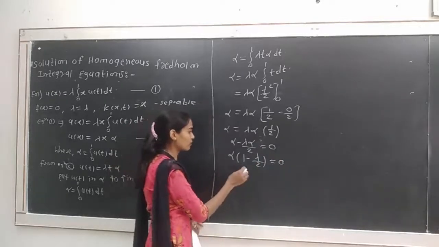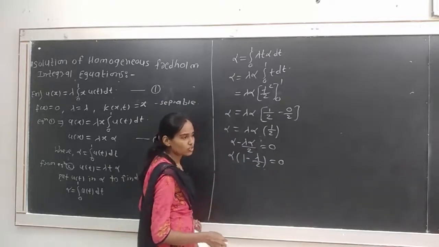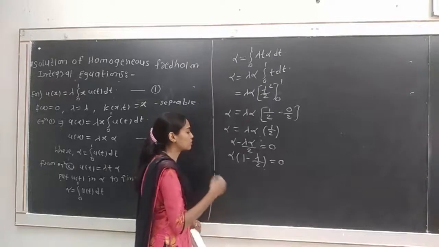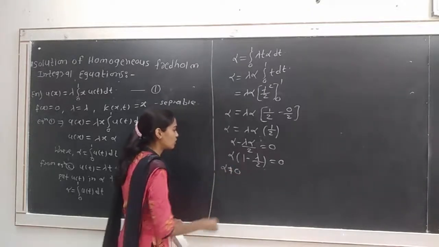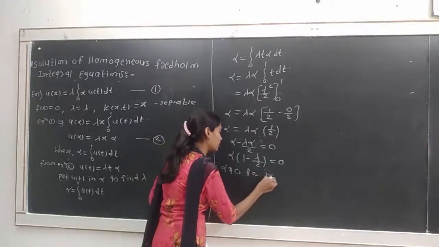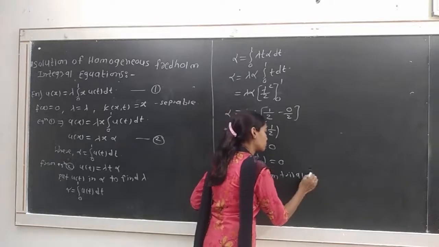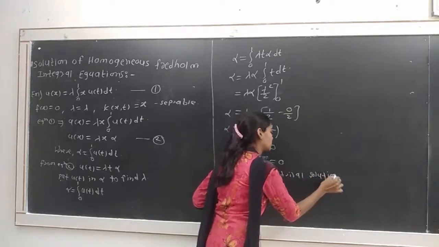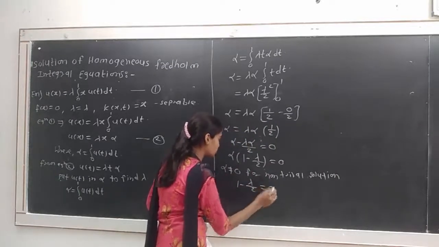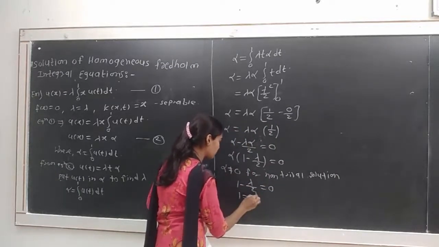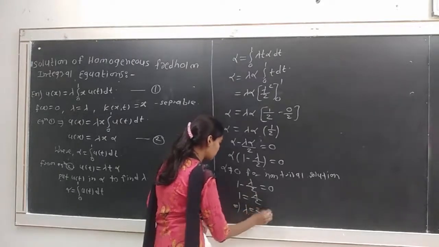Here either α is equal to 0, or the bracket is equal to 0, or both of them are 0. But here we take α not equal to 0 for a non-trivial solution. So we get 1 minus λ/2 equal to 0, and from that 1 is equal to λ divided by 2. So we get λ equal to 2.